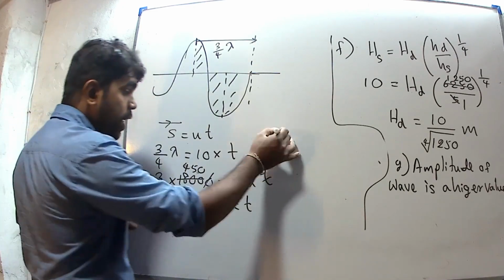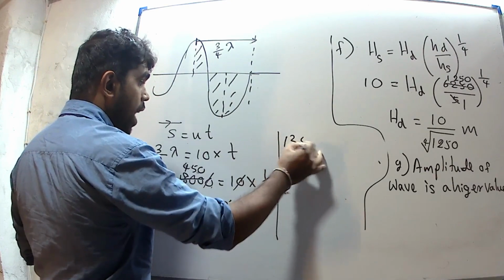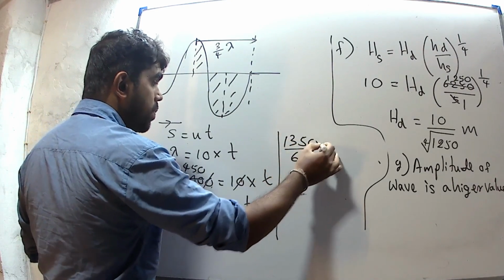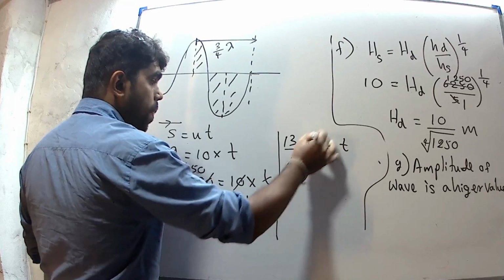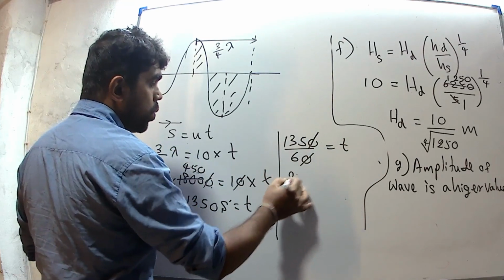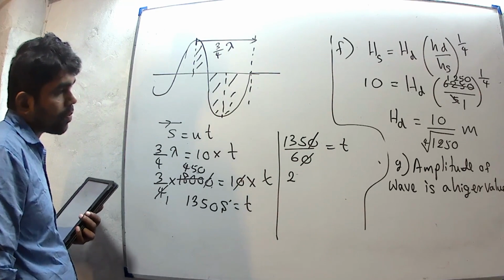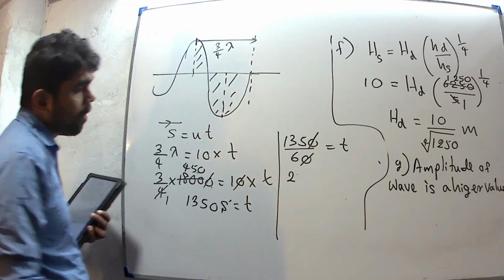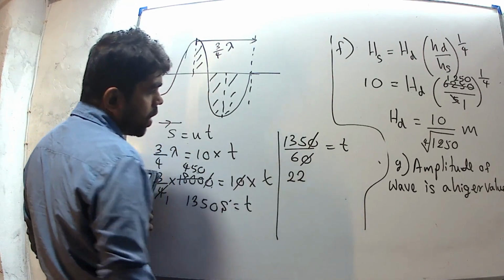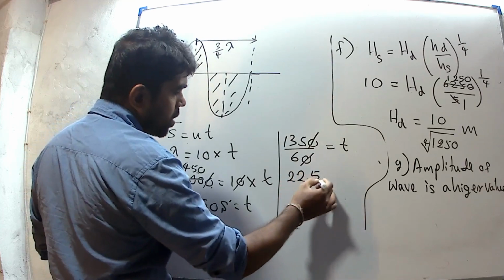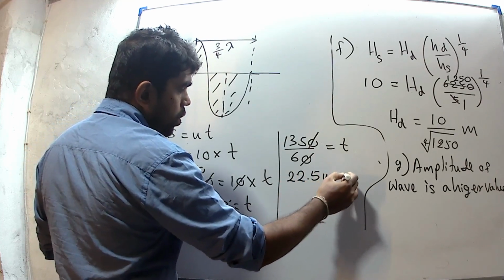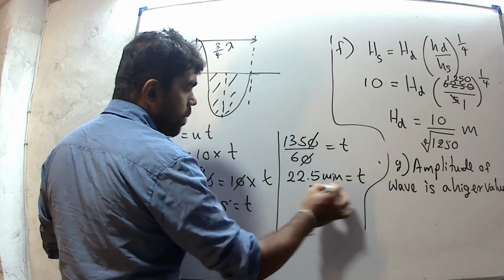We have to convert it to minutes. 1350 divided by 60 minutes gives 22.5 minutes.